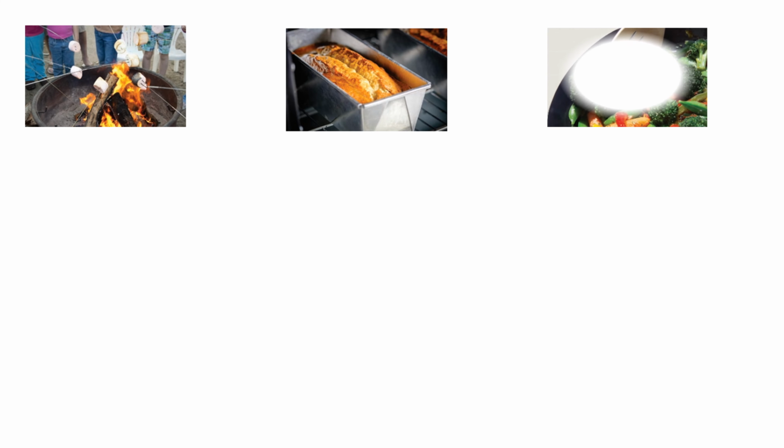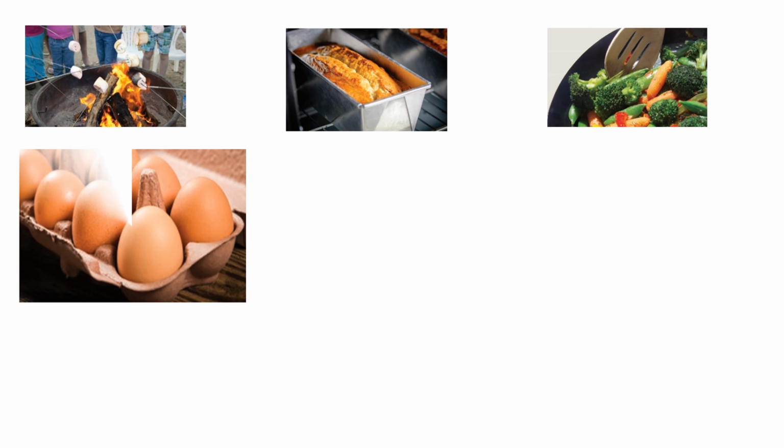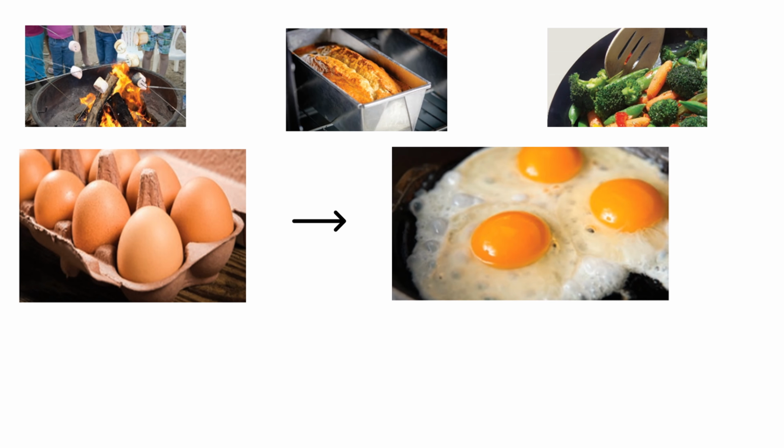Here we have many examples of chemical change, like roasted marshmallow, baking bread where I use fire, and these vegetables. Cracking the egg in a hot pan will change the color and the odor of the egg.